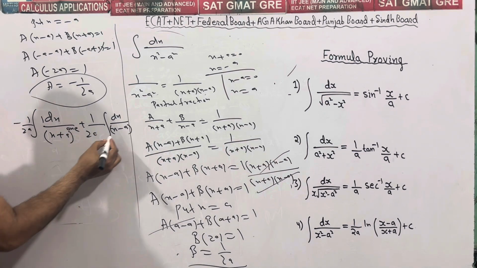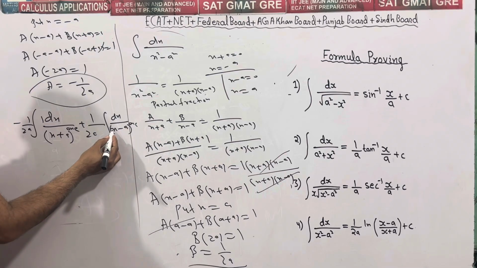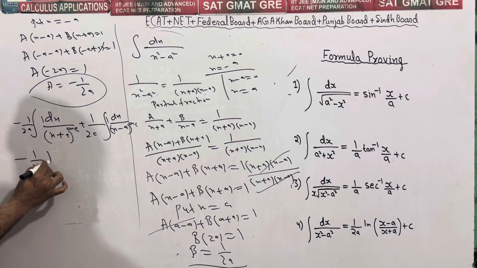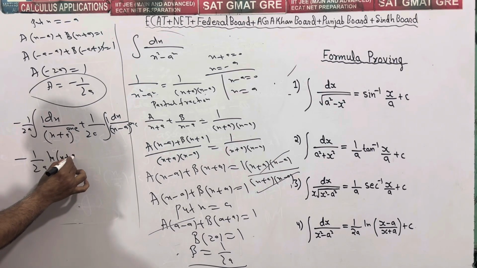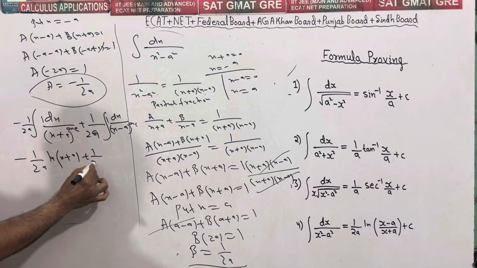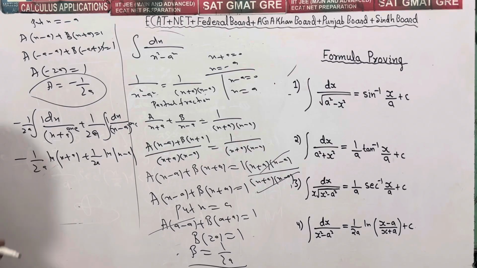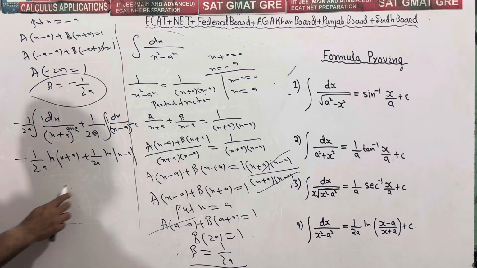The same thing is present for x minus a. It will become minus 1 over 2a ln of x plus a plus 1 over 2a ln of x minus a.